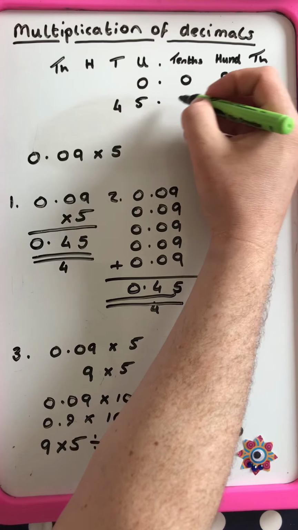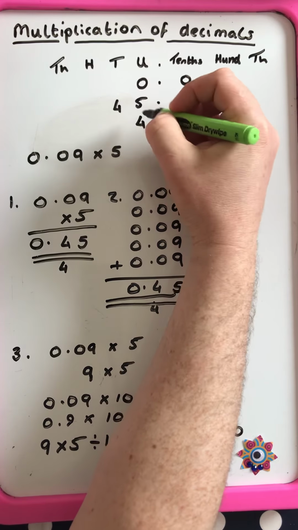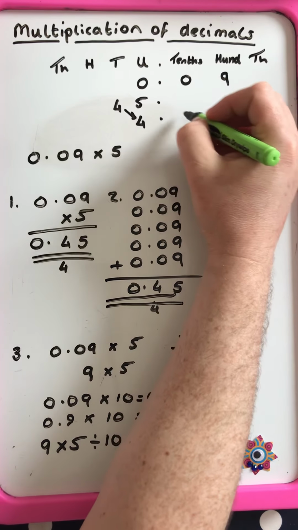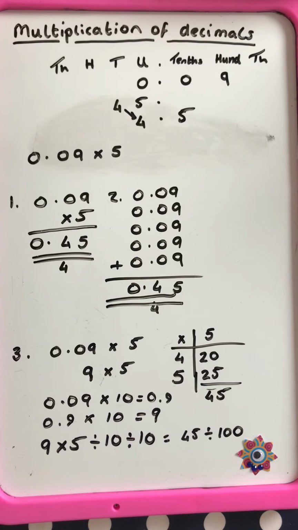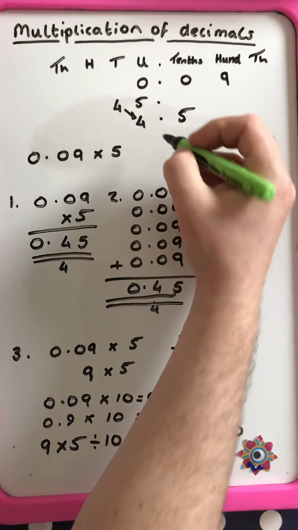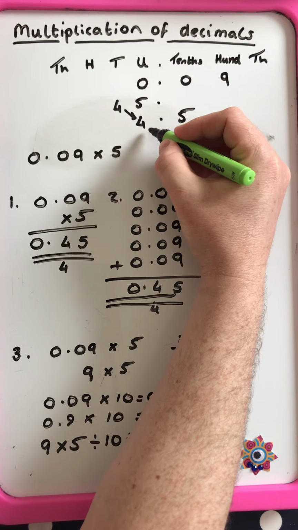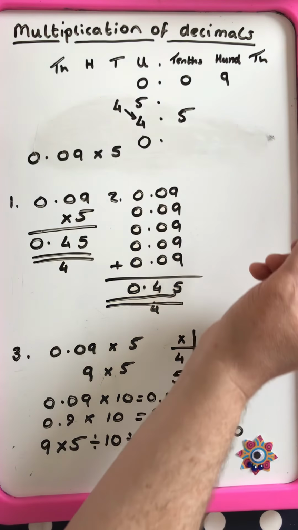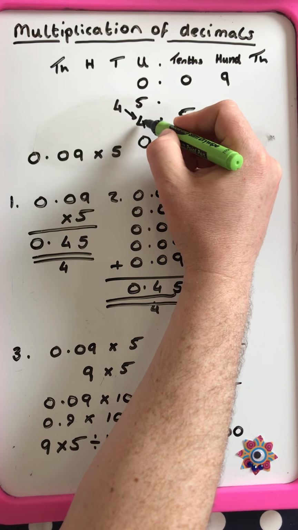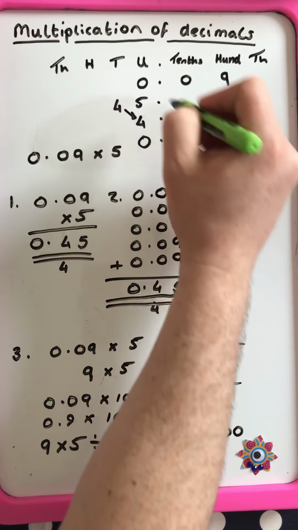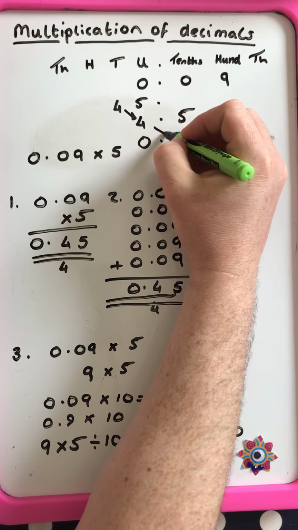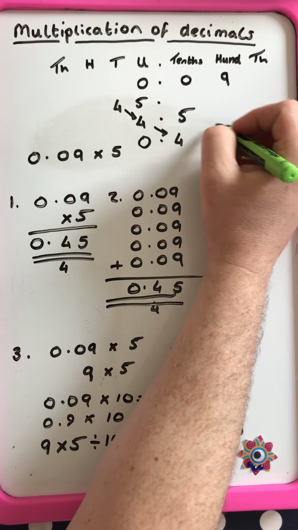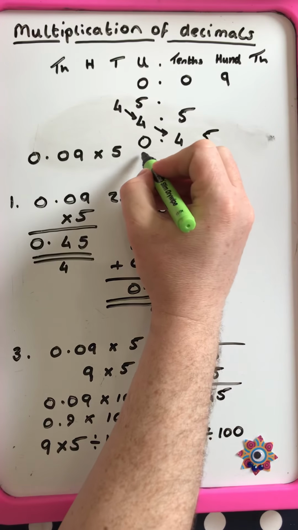So if we divide that by 10 once, our tens become our ones. And again, dividing that by 10 again, we'll put the 0 for a placeholder. 4 ones will become 4 tenths. And 5 tenths divided by 10 will be 5 hundredths.